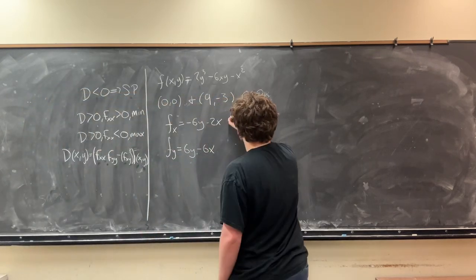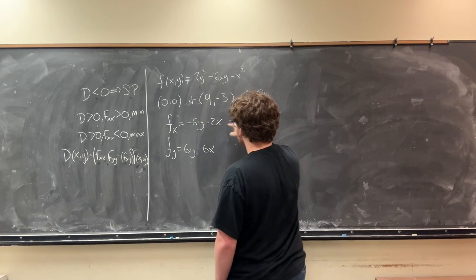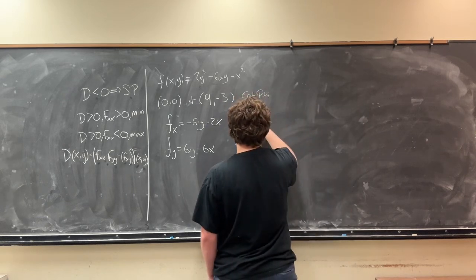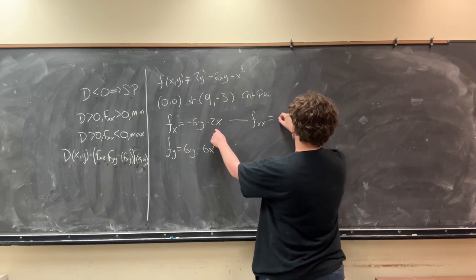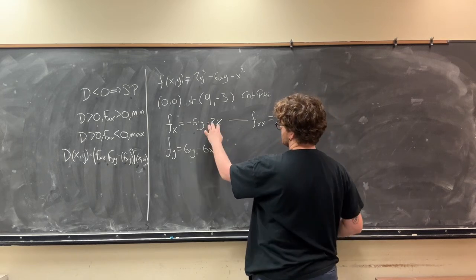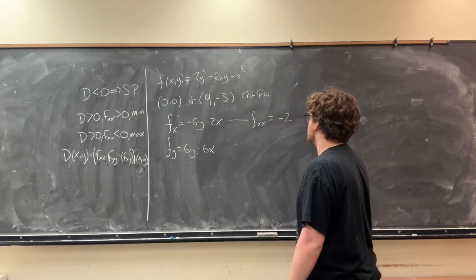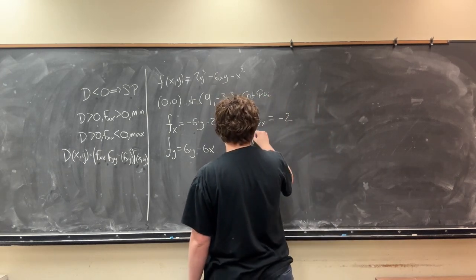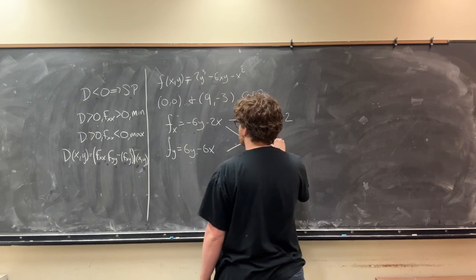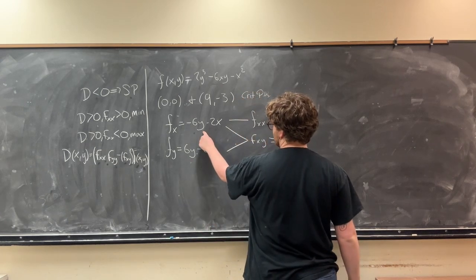Cool. Then this one, we take the partial with respect to x to get fxx. And that gives us just minus 2. Because this goes to 0, the derivative of negative 2x is negative 2. These both give me fxy. So the partial of this with respect to y is negative 6.